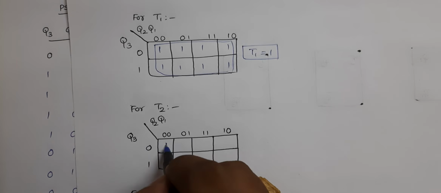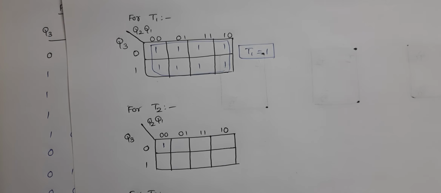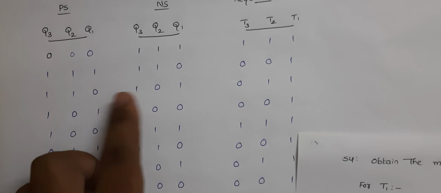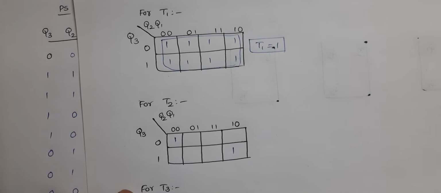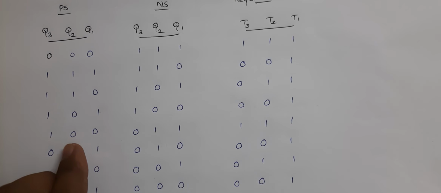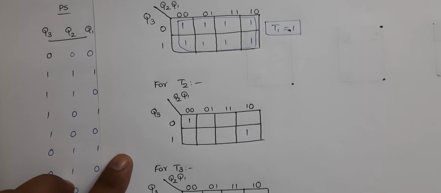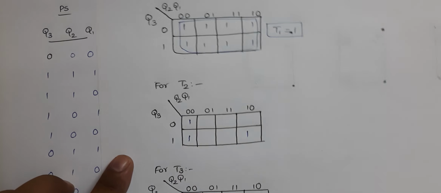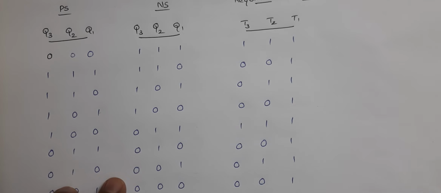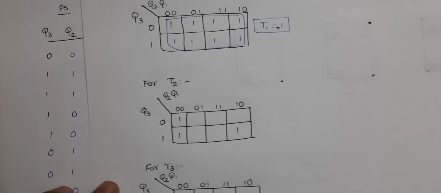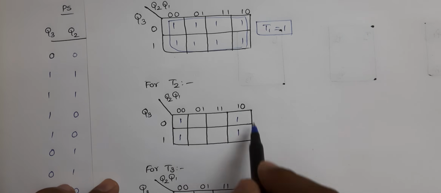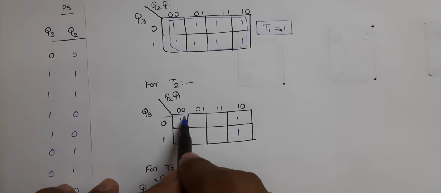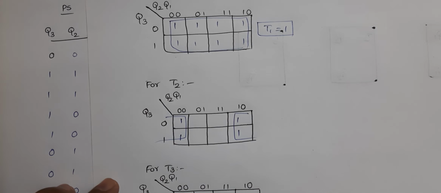What is the first combination? 0, 0, 0, T2 is 1. Next for 1, 1, 0, T2 is 1. Then 1, 0, 0, T2 is 1. And next 0, 1, 0, T2 is 1. Among the 8 cells, these 4 cells are again paired.